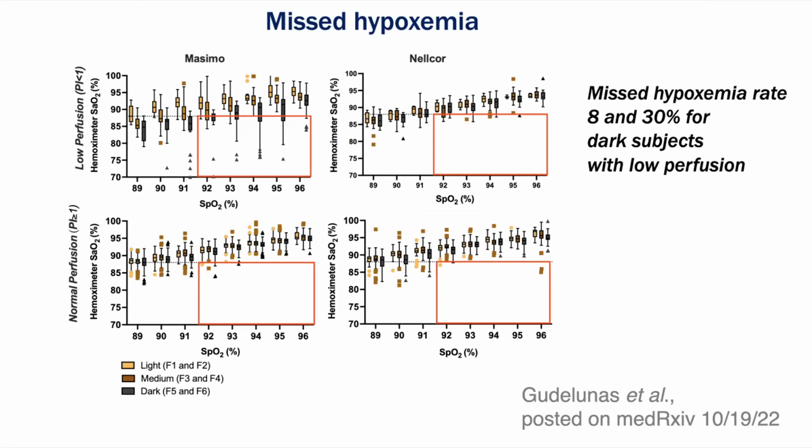So you might ask, okay, what does this all mean? Well, we did a plot similar to what Schoeding showed us earlier this morning. And the red boxes contain data that would represent a missed diagnosis of hypoxemia.